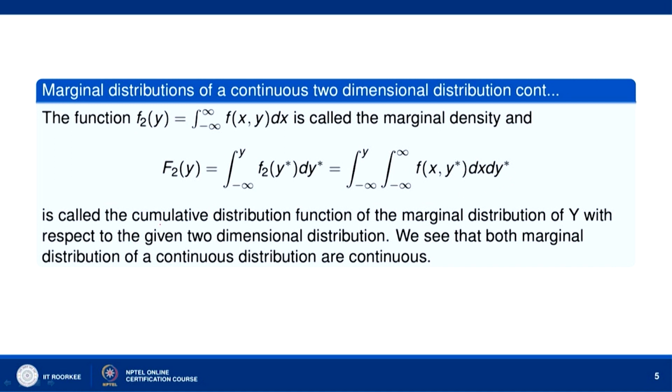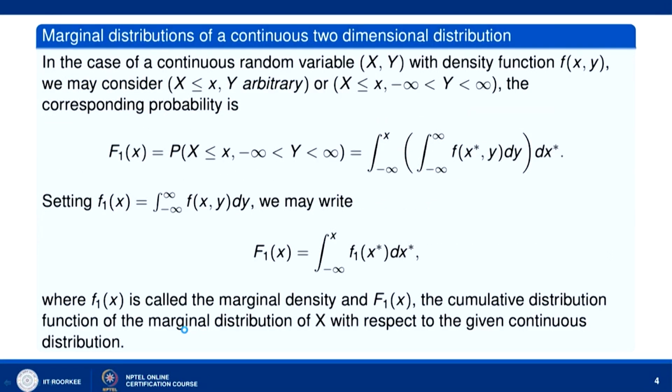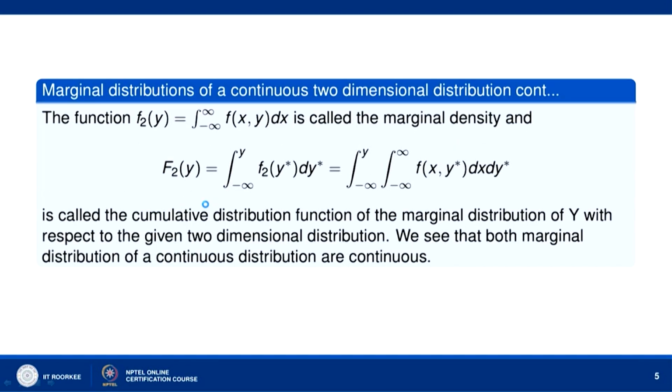This is called the cumulative distribution function of the marginal distribution of Y with respect to the given two dimensional distribution, and both the marginal distributions, f1(x) and f2(y), are continuous.